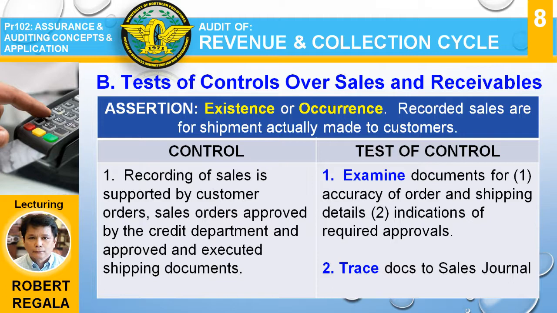To test this control over the assertions, the auditor examines approved customer order, sales order, shipping document, and copy of sales invoice for sample entries in the sales journal. The document should bear the required approval, such as the credit manager's approval.